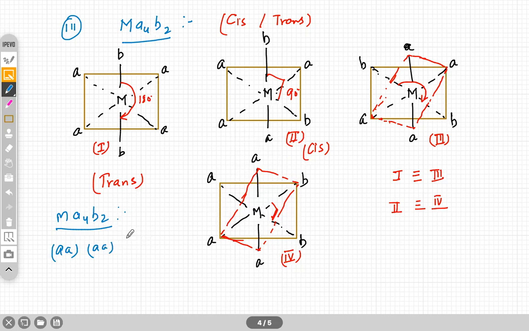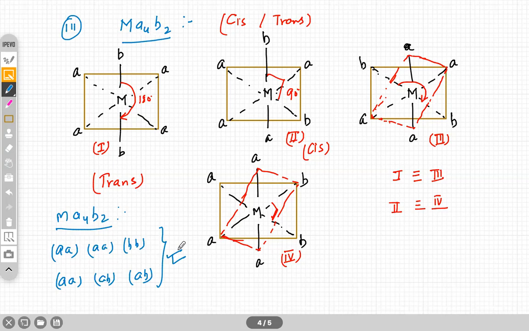This is one isomer. AA, AB, AB is another isomer. So these are the two isomers possible here. We won't get any third possibility. Clear? Understood?